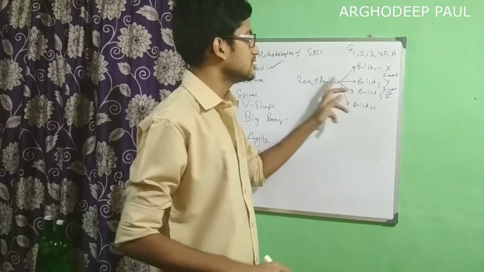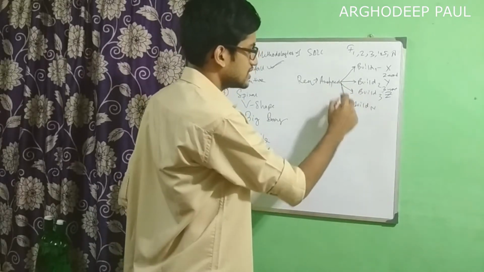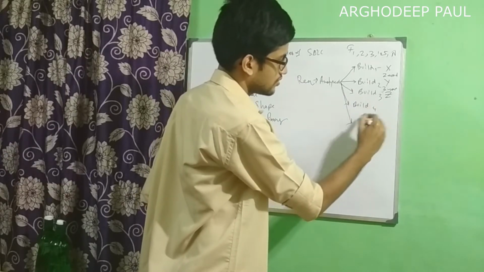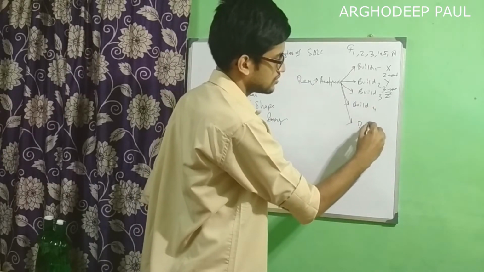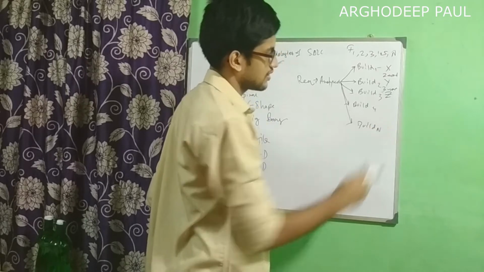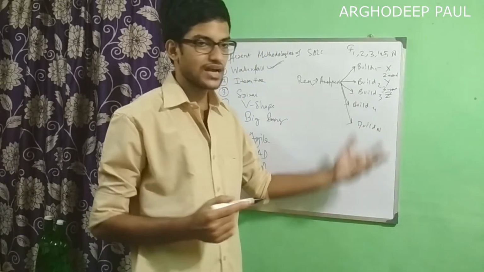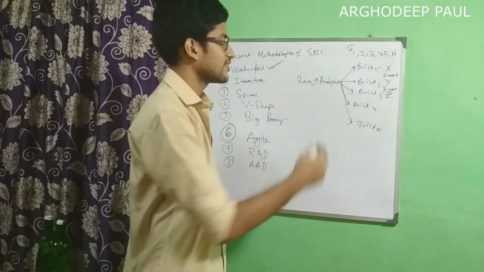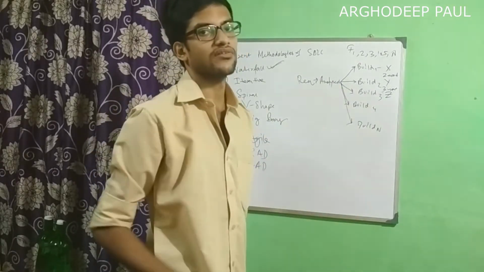Until that time there will be iterations, build 4, 5, 6 up to build n, and no one knows how much time this would take. This could take 2 years, 3 years, 4 years, and it keeps going on.